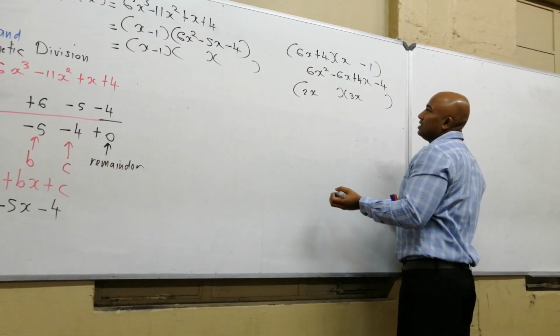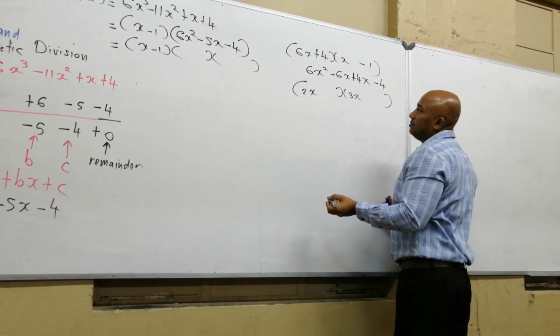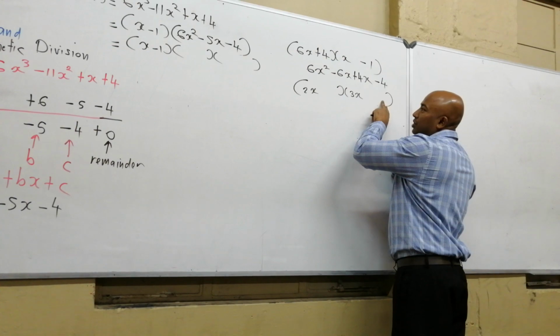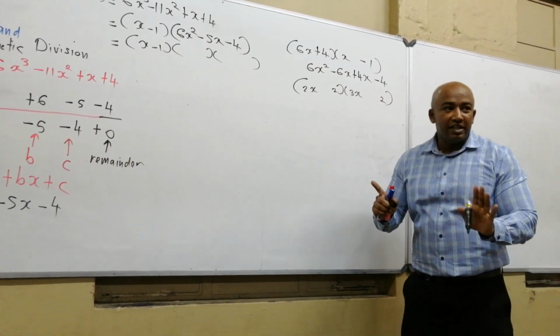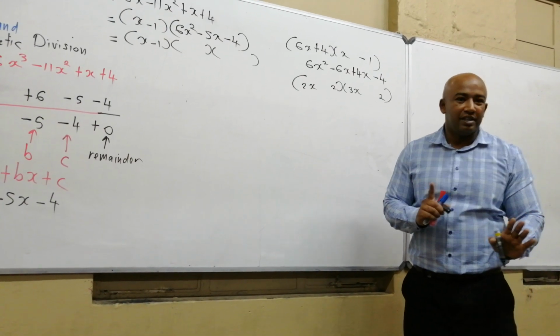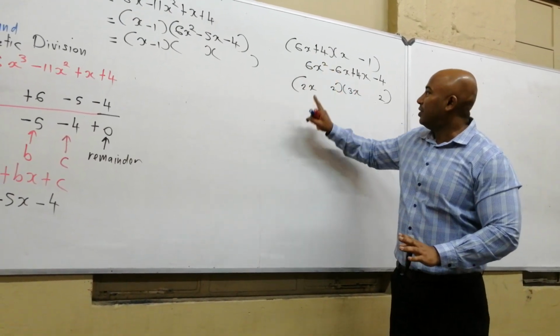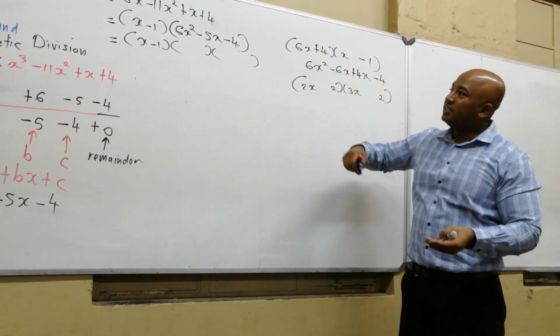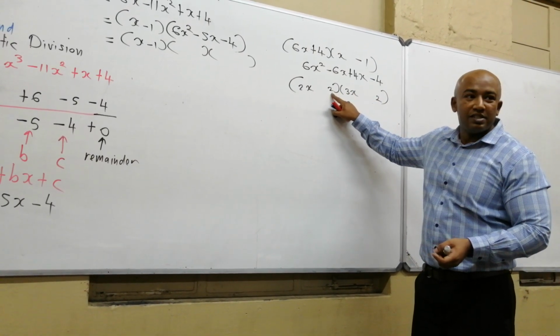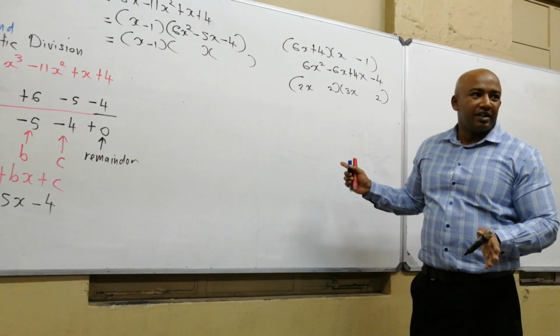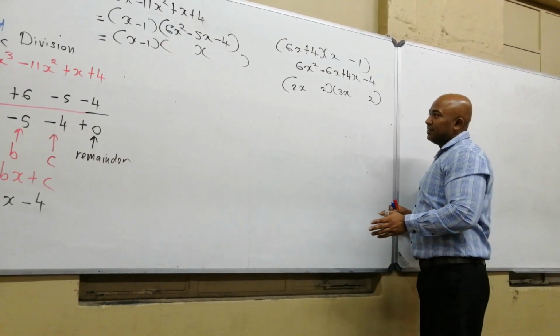Okay, so what can we use? If we use 2 and 2, what will happen? The main thing is we're checking the middle term. The first term, we know 2 times 3 is going to give us the 6x squared. So if I go 2 times 2 is 4, 3 times 2 is 6. Not going to work again now. Can you see that?